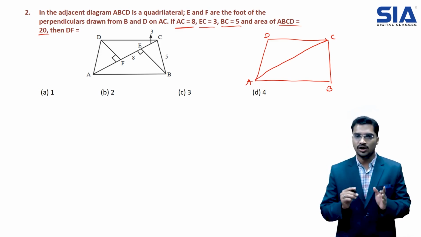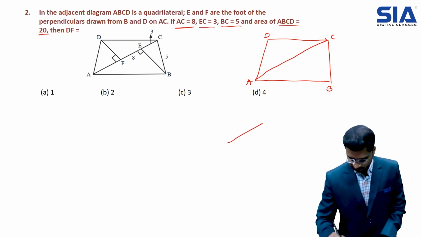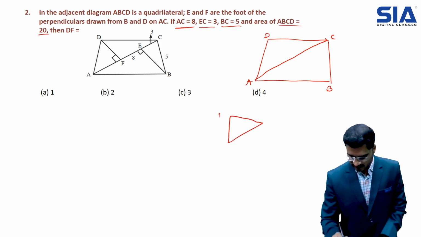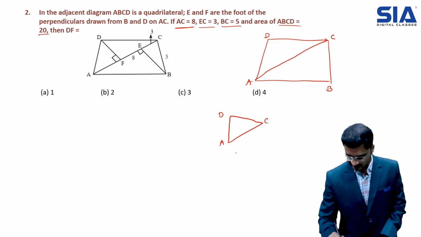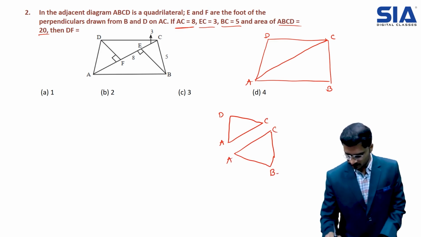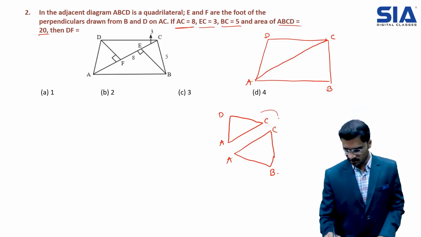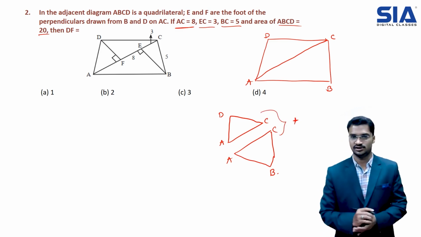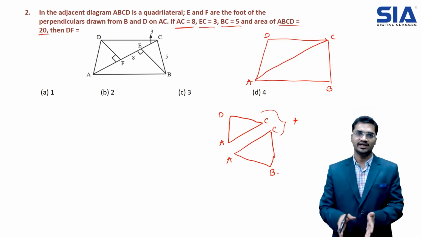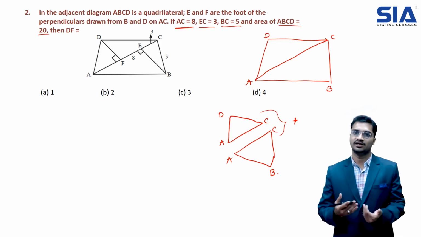The first triangle is DAC and the second triangle is ABC. The area of this quadrilateral is nothing but the sum of the areas of both these triangles.